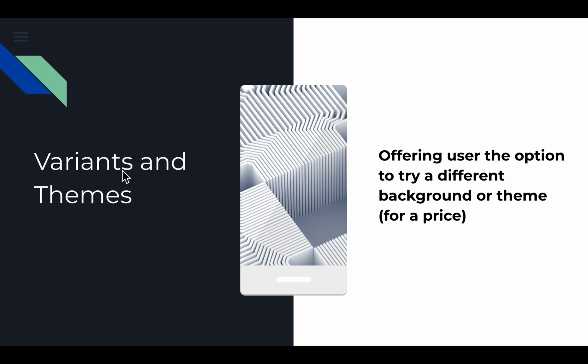Now the next one is variants and themes. You can offer the user to pay to have a different theme. Imagine an app that the user uses a lot, and sometimes the user would like a fresh look.